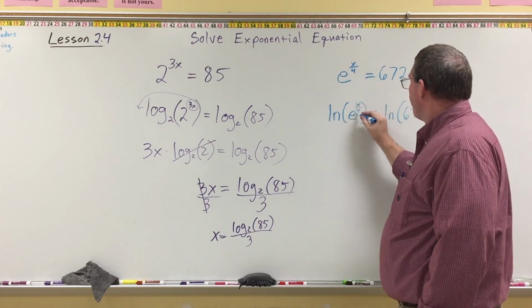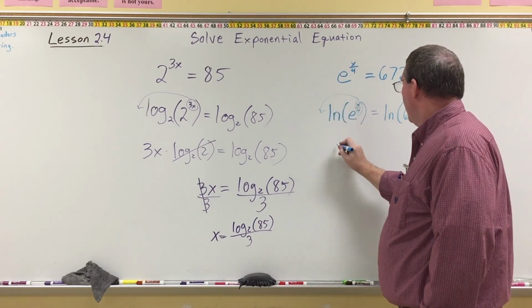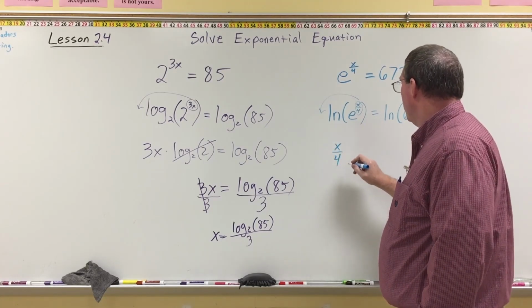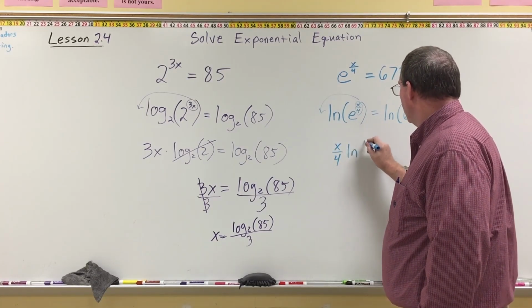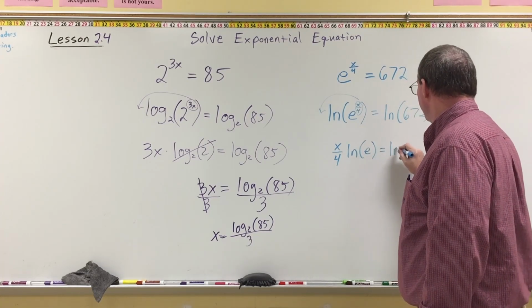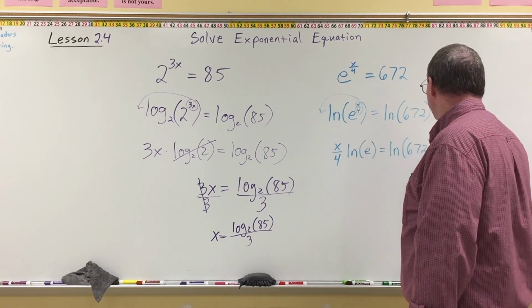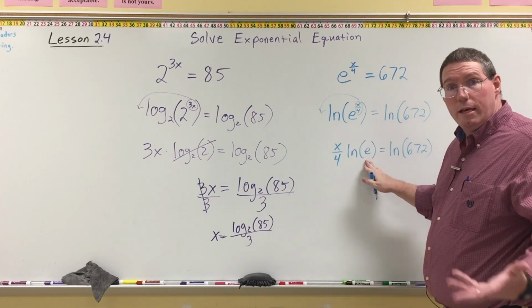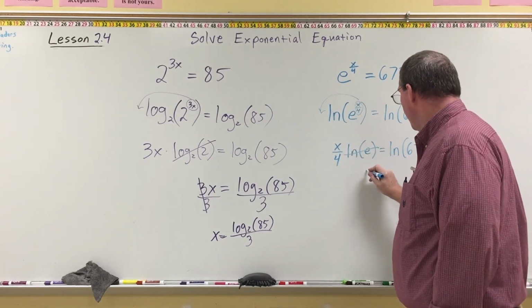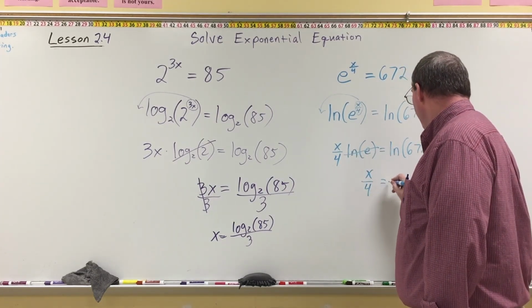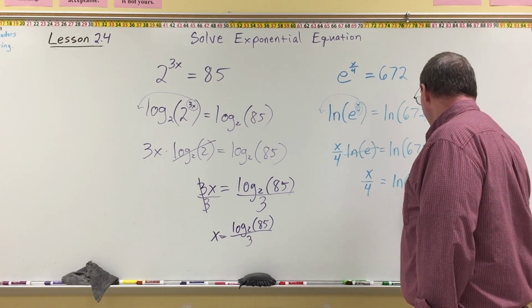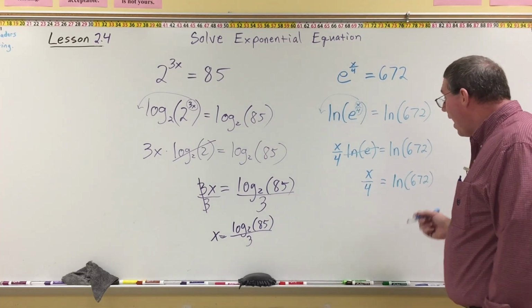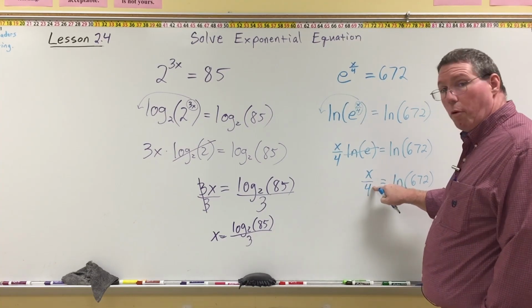Now, the x over 4 can come to the front, and we'll have x over 4 times natural log of e equals the natural log of 672. Natural log of e equals 1, so that cancels, and we have x over 4 equals the natural log of 672.